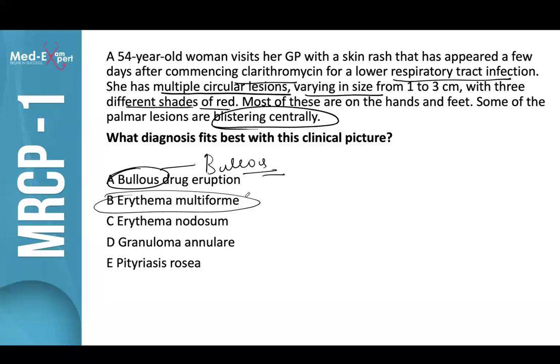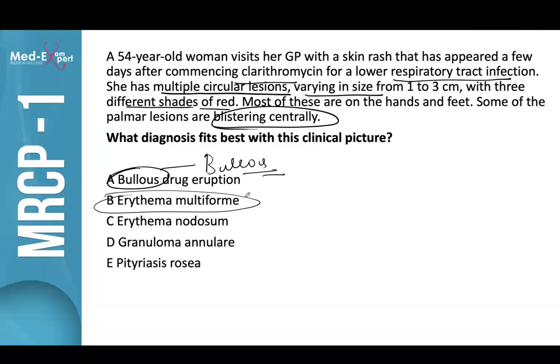Dermatology, see, MRCP is like my mentor and my guide throughout my 3 years of medicine residency, Dr. Mahendra. I hope all of you know. He used to tell me one thing: you know English, you will know medicine. Most of the answers are English based. Simple. Bullous. Is there anything bullous here? Nothing. Rule it out. Erythema nodosum. What does nodosum mean? Nodular lesion. Anything nodular? Rule it out.